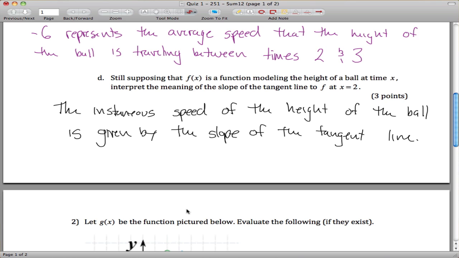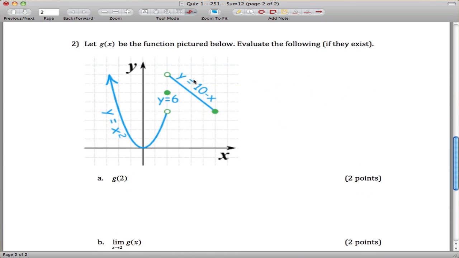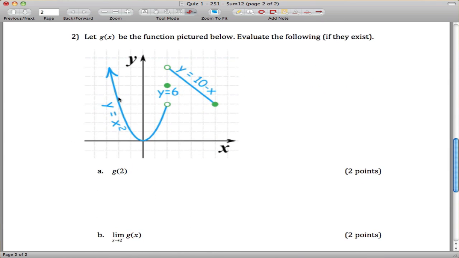Something like that. This first quiz doesn't feel very precise, but that's just kind of the way it goes with this early stuff. Later on, we'll have more exact answers. Actually, in this problem, we'll have more exact answers.